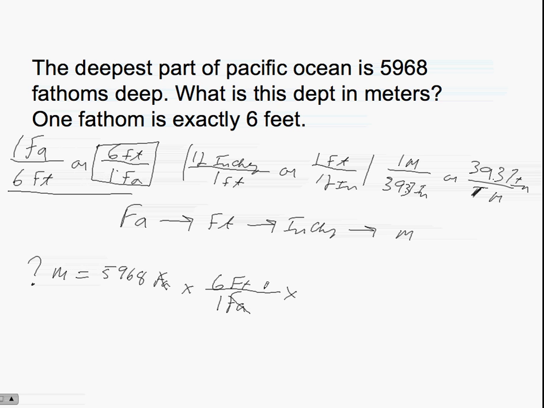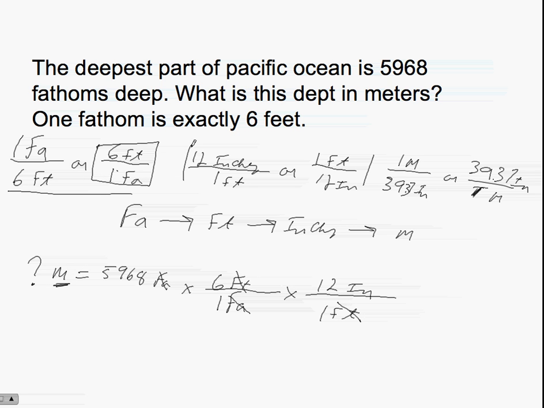Now if we stop at this point, our answer will be in fathoms, but we want our answer in meters, so we need another relationship. For every 1 foot, we have 12 inches. This causes feet to cancel out.